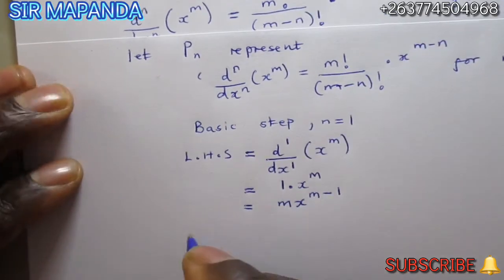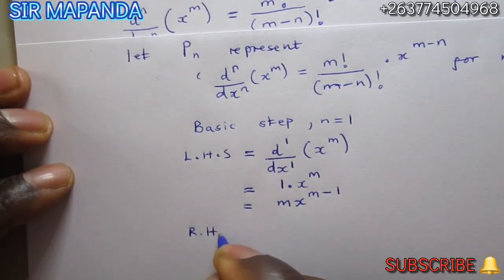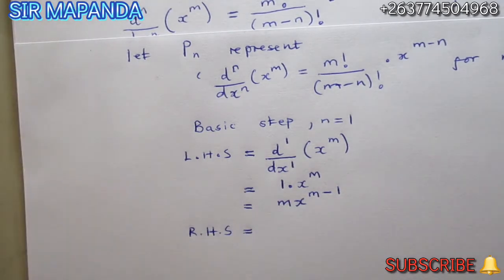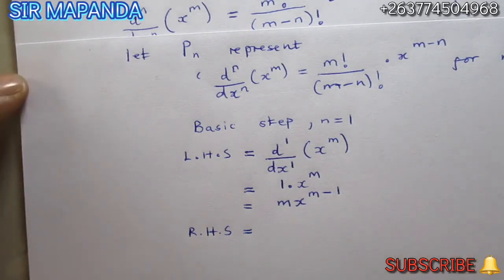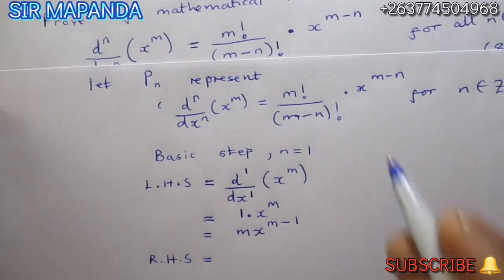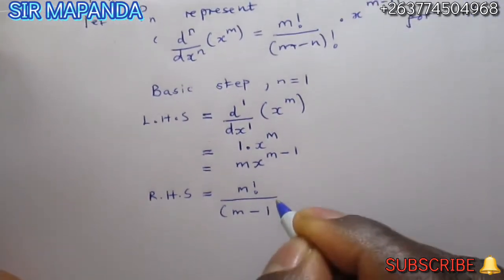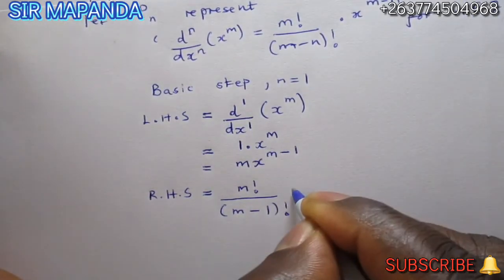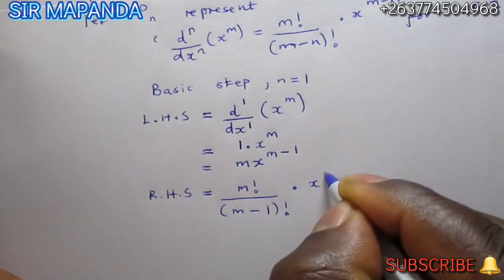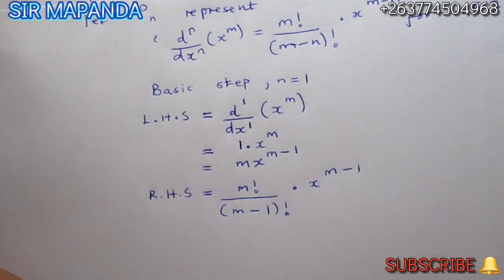We are now focusing on the right hand side. If Pn is true, the right hand side must be similar to the left hand side. So we put 1 on n on the right side. We now have m factorial divided by (m minus 1) factorial dot product x to the power of m minus 1. There is something that I want you to understand about this factorial thing.